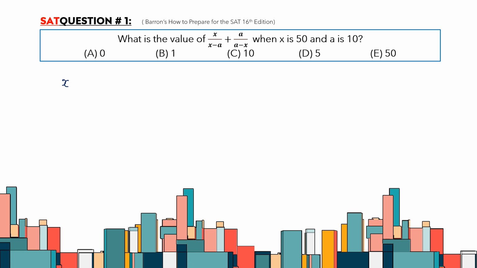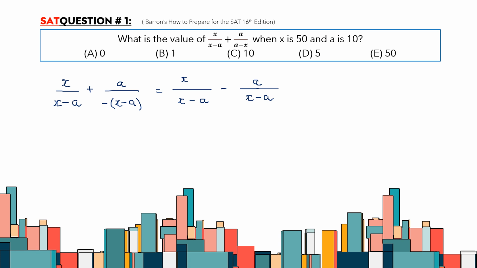rewrite it as x over x minus a and then plus a over minus x minus a, and it can be written as x over x minus a minus a over x minus a.